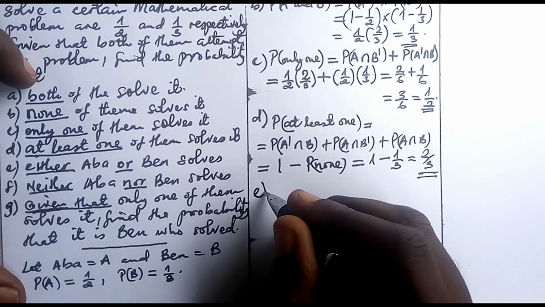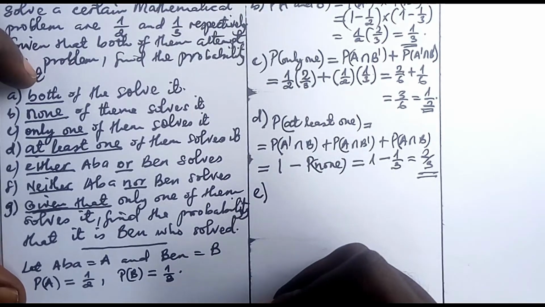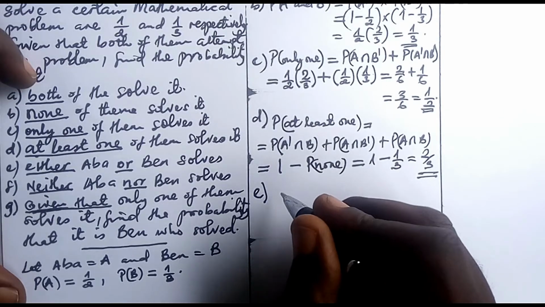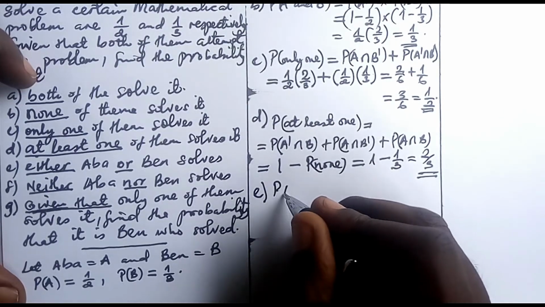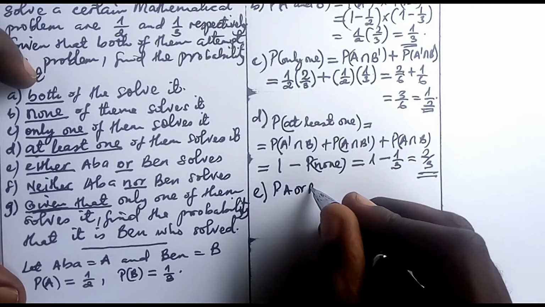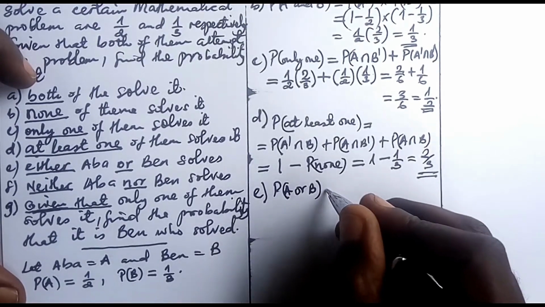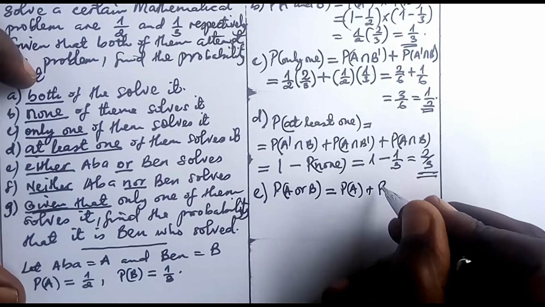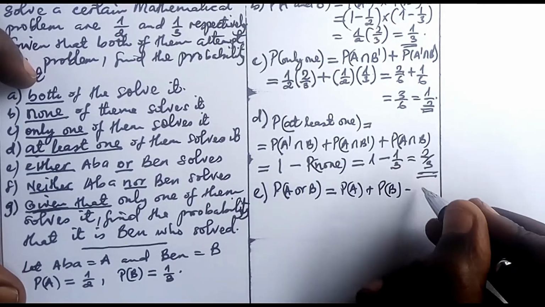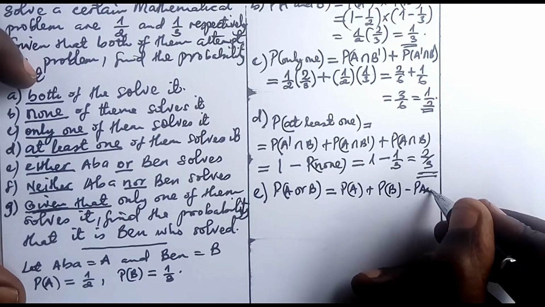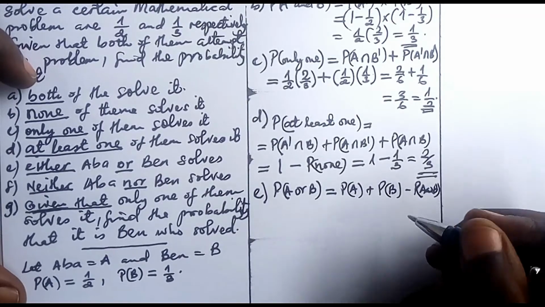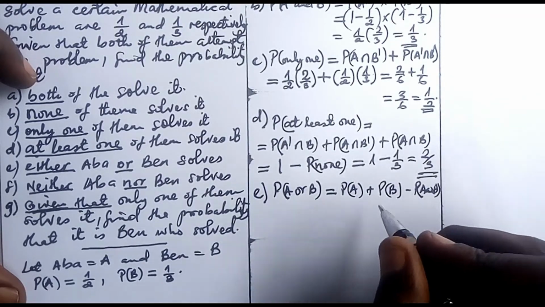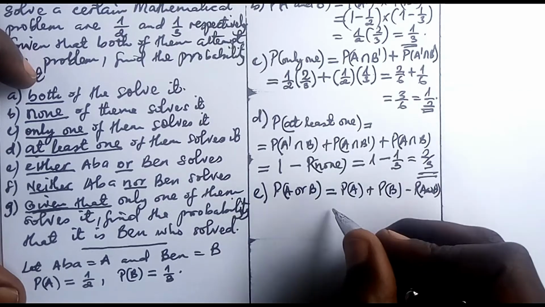Then for E, either Abba or Ben. So we are talking of P of A or B, and this should be P of A plus P of B minus P of A and B. The compound event formula actually.